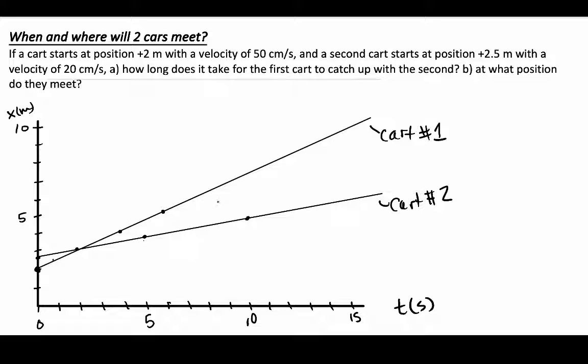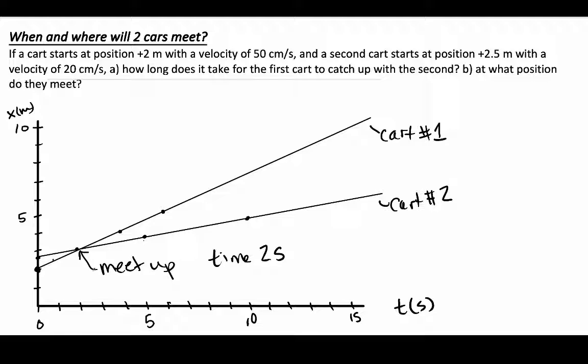Now we just have to interpret it. So the first question says, how long does it take for them to catch up? Well, the place where they meet, or what represents their meeting point, is right here where the two lines cross. This is their meetup. Okay, so here we find that that is at a time of 2 seconds.